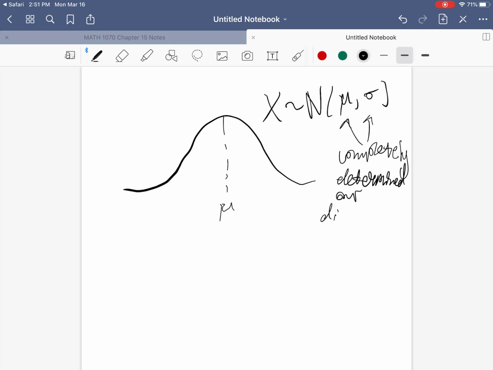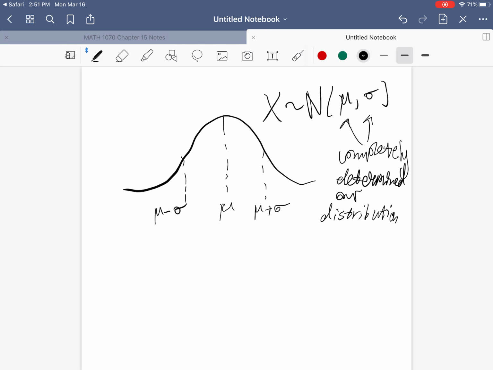Let me add the inflection points. The inflection points are where this nice frowny face, the hump, turns into the smiley face, and those are at mu minus sigma and mu plus sigma.